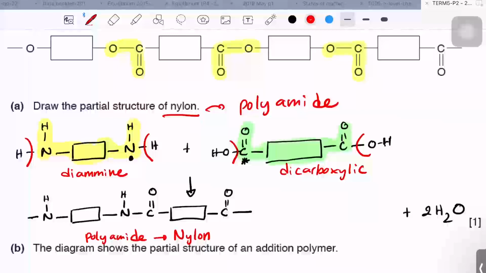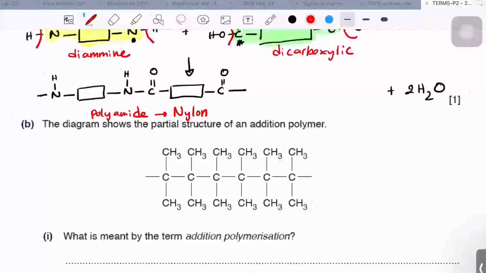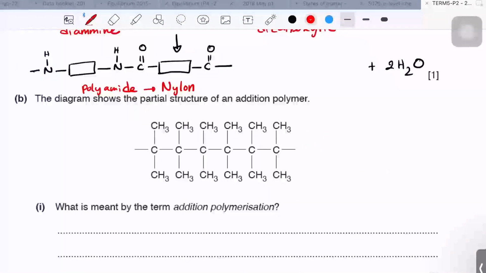Right, now we're going to do part B. The diagram shows the partial structure of an addition polymer. Right. Now, addition polymer partial structure is given. Okay. Now, what is meant by the term addition polymerization?